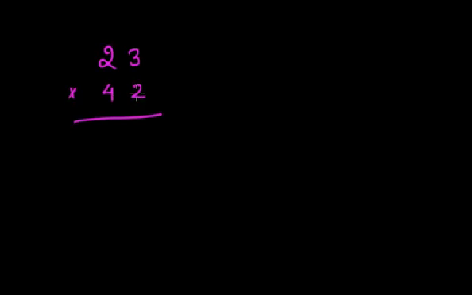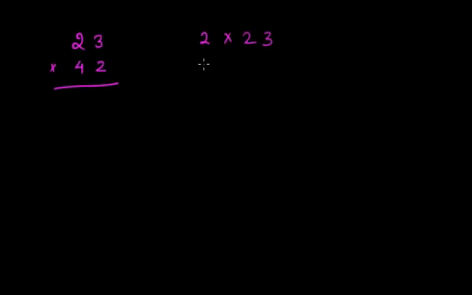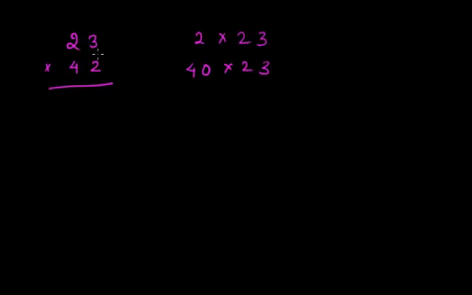It means the multiplication of 2 with 23, and the multiplication of 4, which is not at the units place, so not exactly 4, that is 40 times 23. Now this is 2 times 23 plus 40 times 23. Now 2 times 23: 2 times 3 is 6, 2 times 2 is 4.